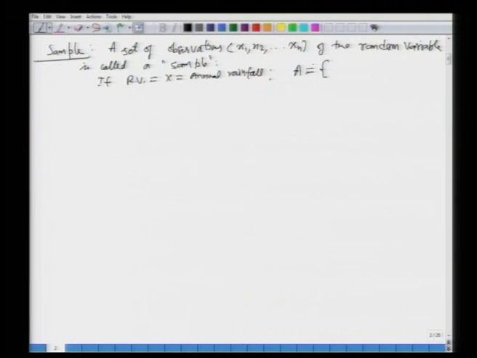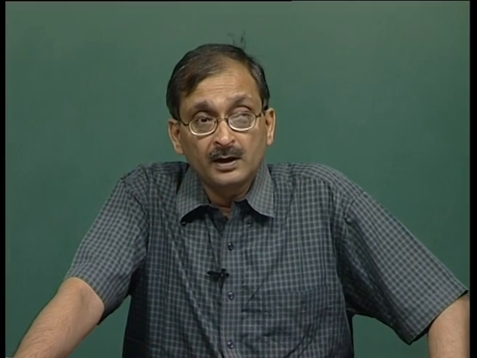For example, here if I say that the annual rainfall for the last 5 years was 100, 120, 150, 57 and let us say 75, what is this? This is a set of observations. This is the annual rainfall observed for the last 5 years.